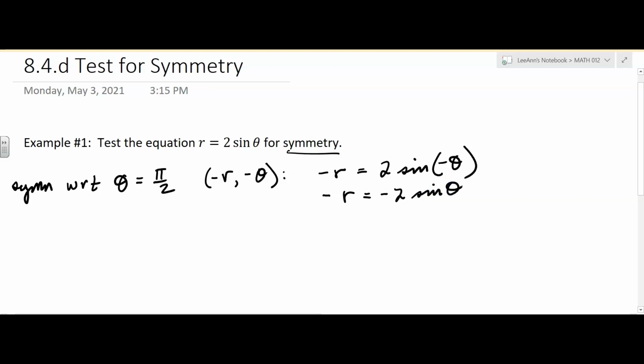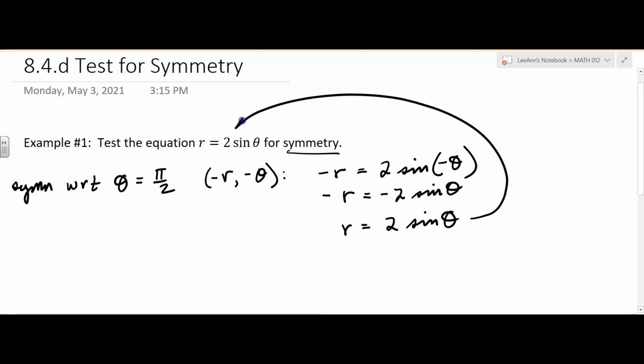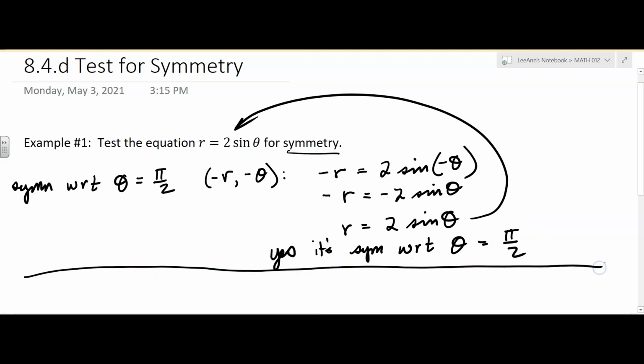And if you divided both sides by negative 1, you'd have r equals 2 sine theta. So that's the original. So yes, this passes. Yes, it's symmetric with respect to theta equals pi over 2. And then we'll check the next one.